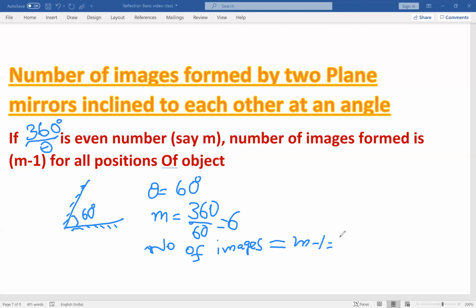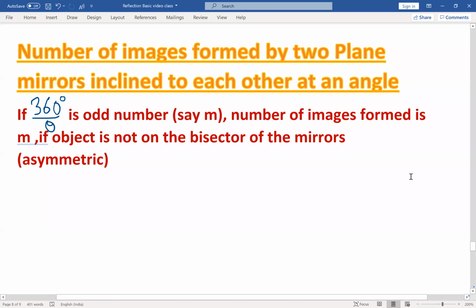That means 6 minus 1, so the number of images will be 5. So this is the case. You can go with any number of such. If 360 by theta is even, subtract 1 from that, and you will get the number of images. So let's go with the other situation.